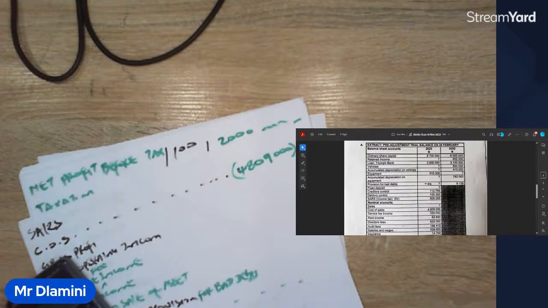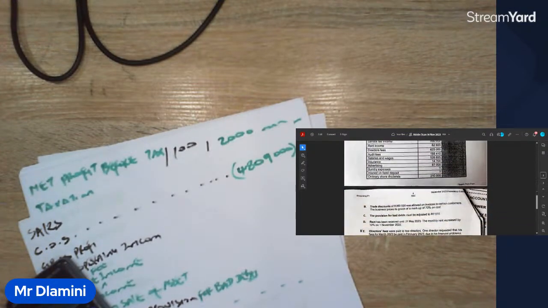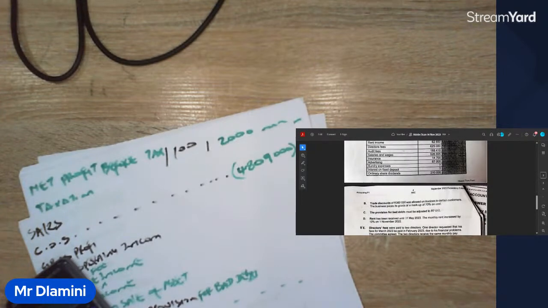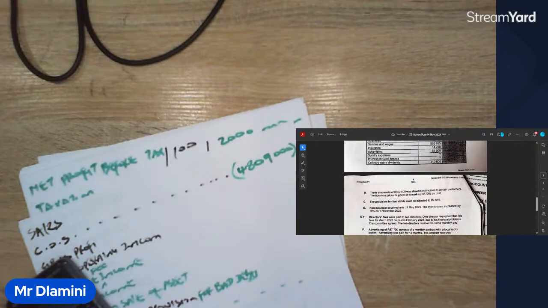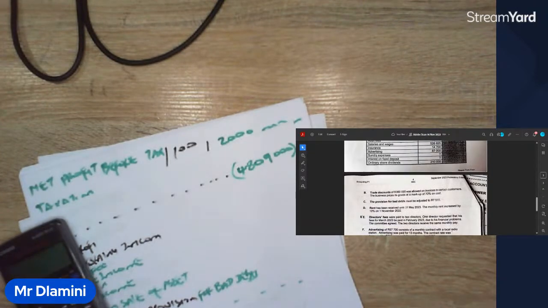Remember, we are given the cost of sales, right? And we are also given the markup. Therefore, we can get our sales. So the cost of sales is 480,900, right? Times by, because we are looking for the sales. If we look for the sales, we add a markup on the numerator.